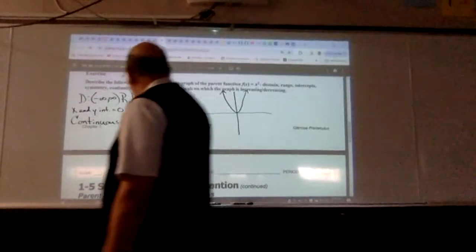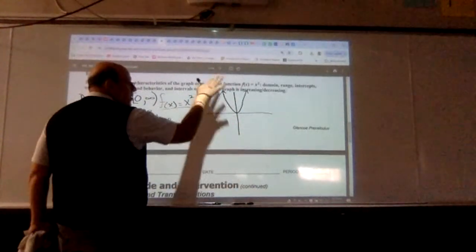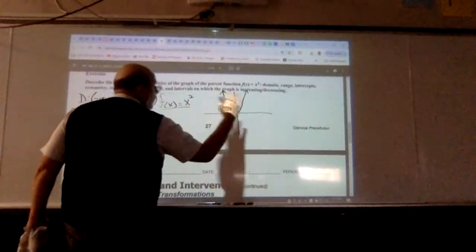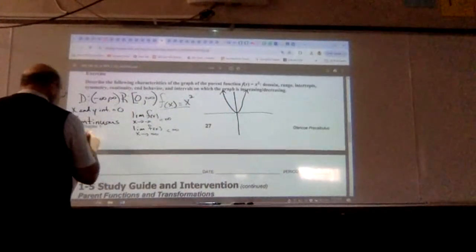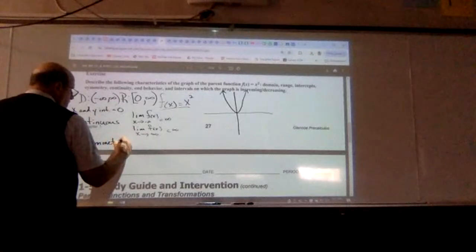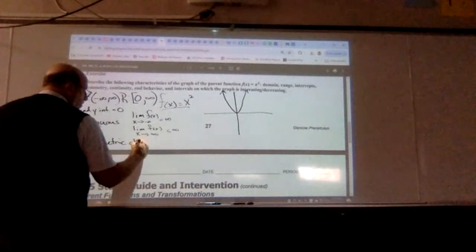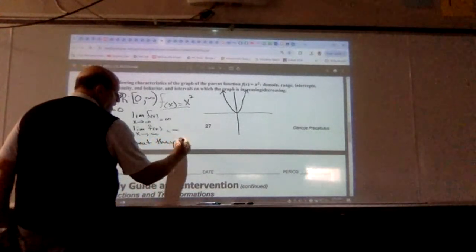If I fold it over this way, it's not symmetrical, I'm going to a different place. But if I fold it this way, this part sits on top of this part. So this is symmetric about the y-axis.